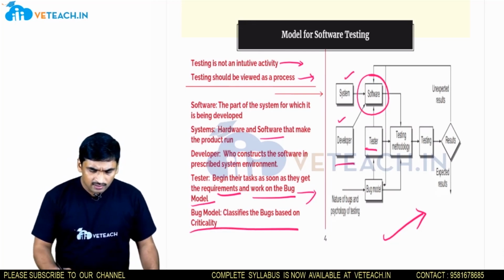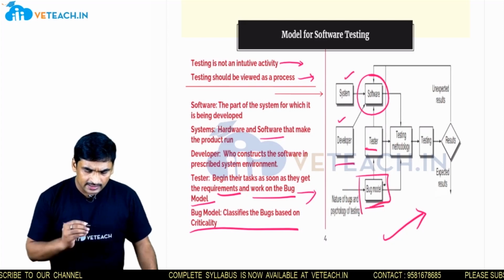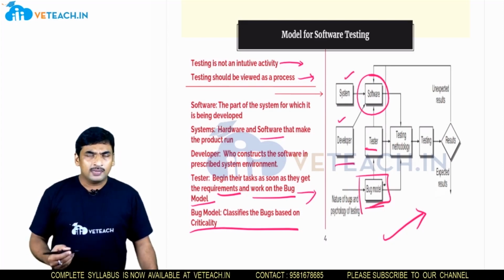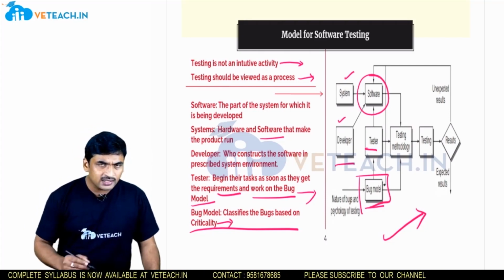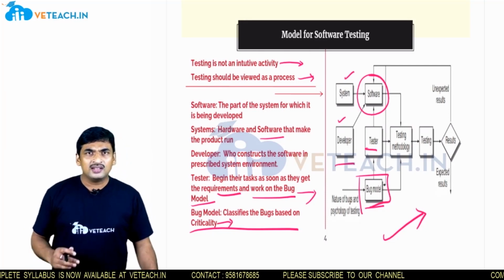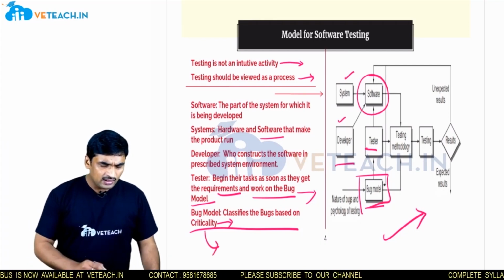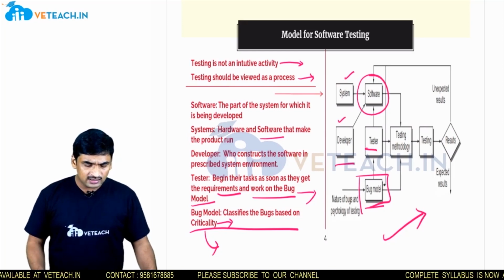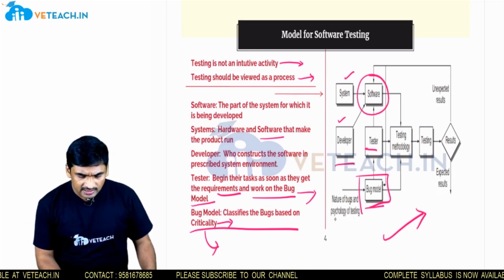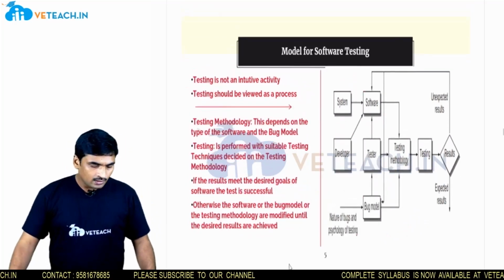This bug model classifies the bugs based on criticality, what sort of damage they could cause to the system. Criticality is based on the amount of damage they can cause to the system. So the nature of the bugs and psychology of testing depend on the criticality of the bugs.